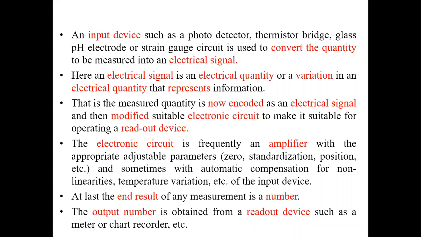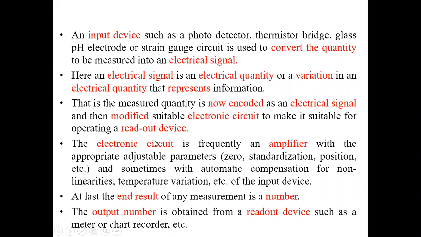The electronic circuit, which is an amplifier, will have certain adjustable parameters like zero, offset voltage, and standard deviation, position, etc. Sometimes we may use compensation techniques, for example temperature compensation for temperature variations, and compensation techniques for non-linear variations, so that the input device, that is the transducer, reads the input signal, the physical quantity, accurately.